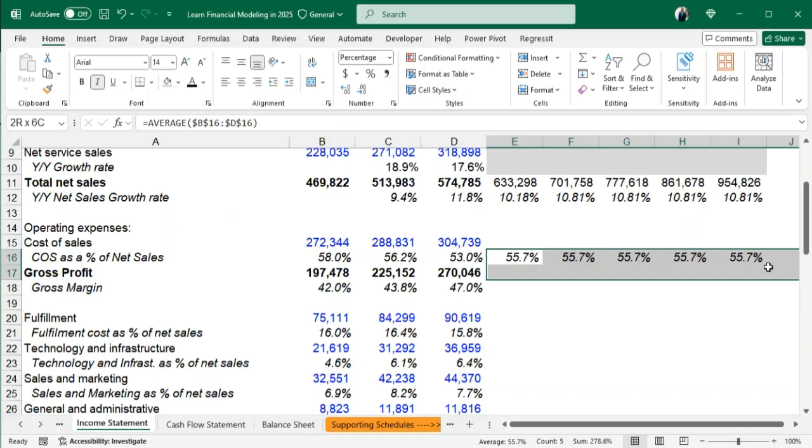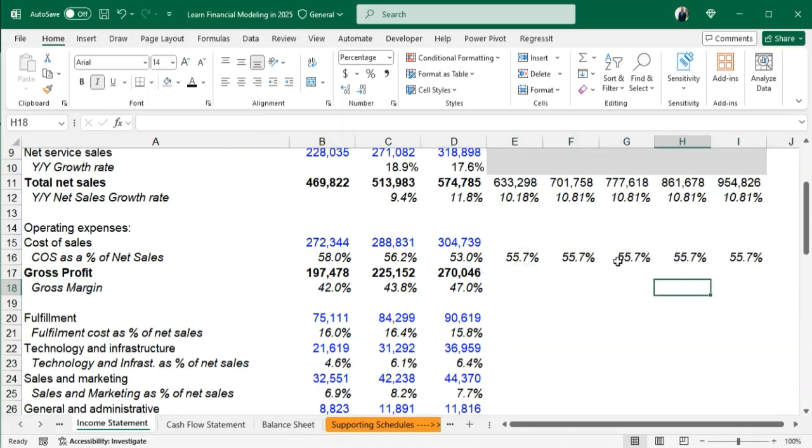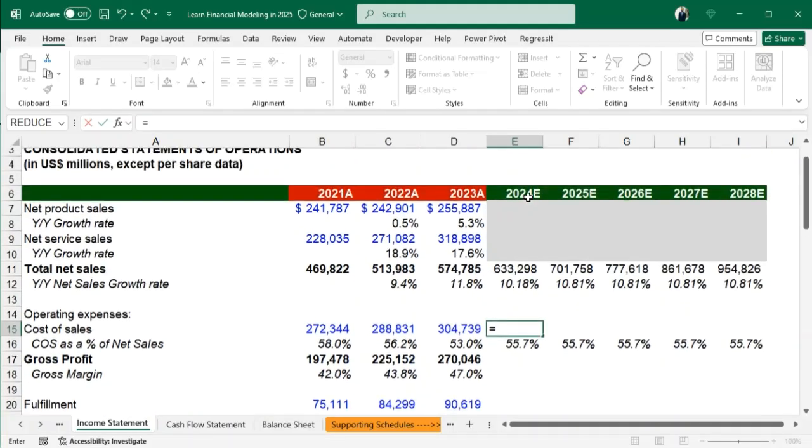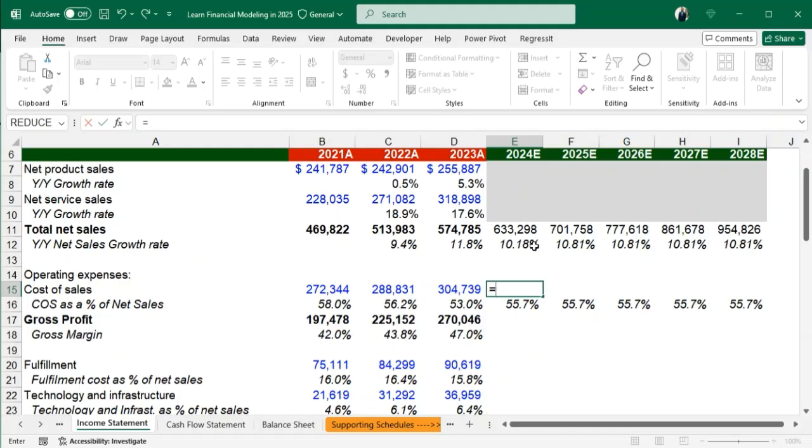So now that we have our historical percentages, let's come here and do the projection. To project our cost of sales, it is going to be equal to, remember, cost of sales is a percentage of revenue. So it means that for 2024, the cost of sales is going to be equal to a percentage of our total net sales.